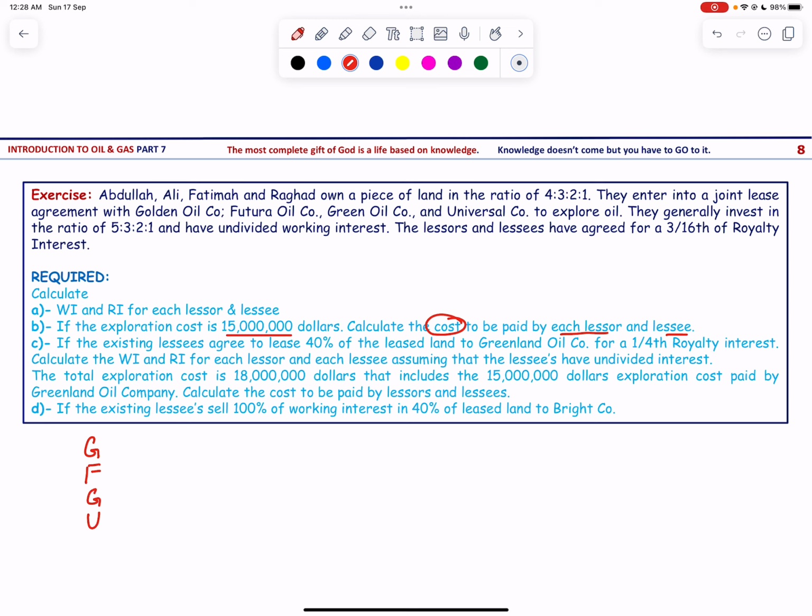And after the lease, the lessees, that is the Golden Oil Company, the Futura Oil Company, the Green Oil Company and Universal Oil Company, since they are investing in the ratio of 5:3:2:1, that is equal to 11, they have to pay the entire cost of 15 million.